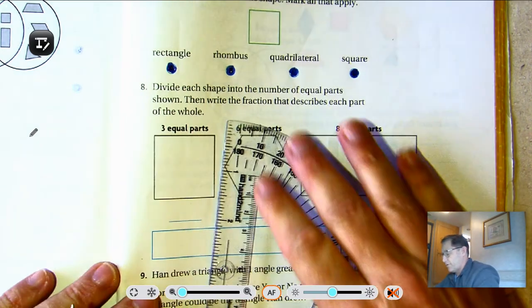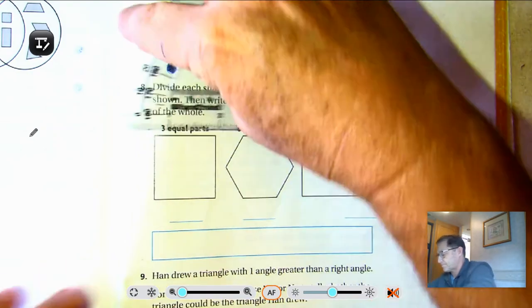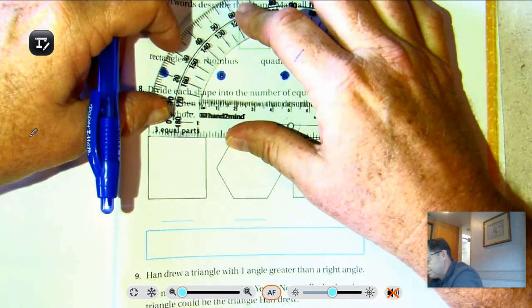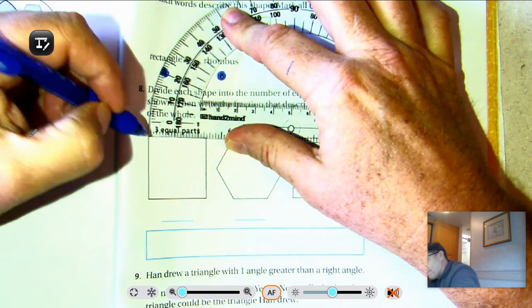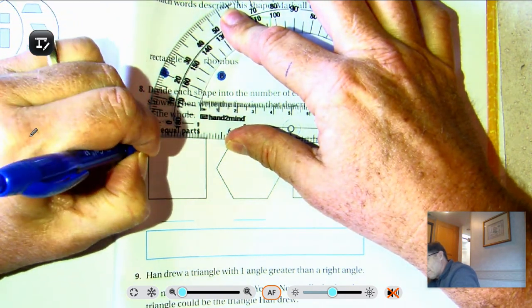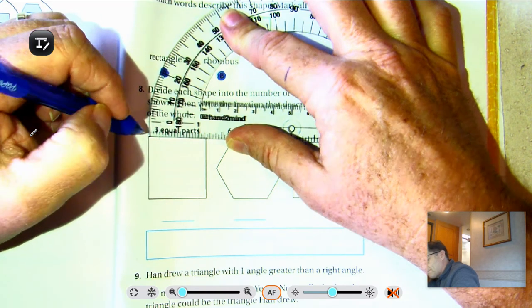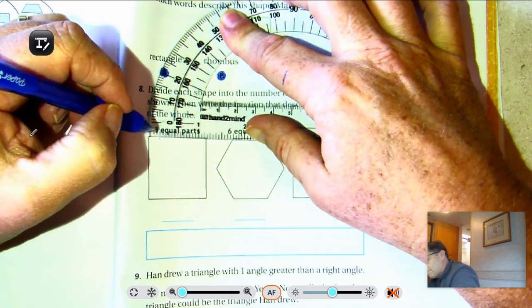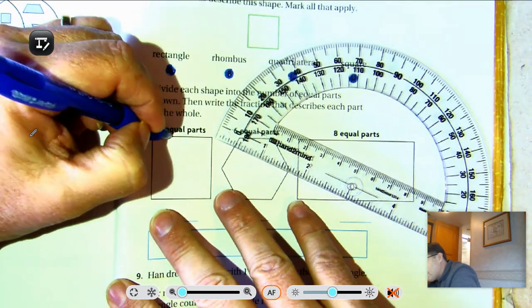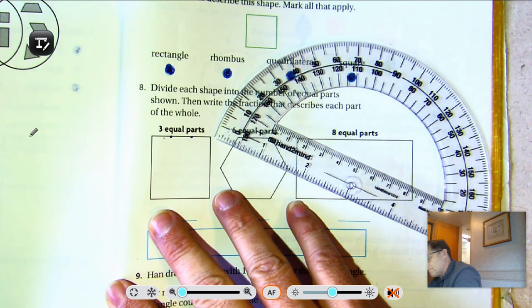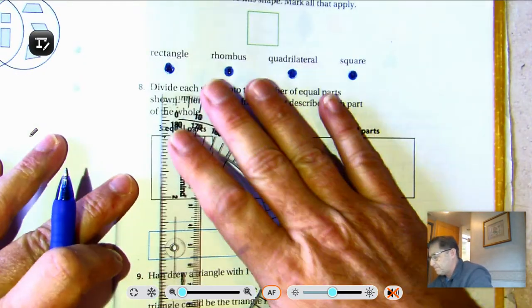Well, thirds. Okay, that looks about right.